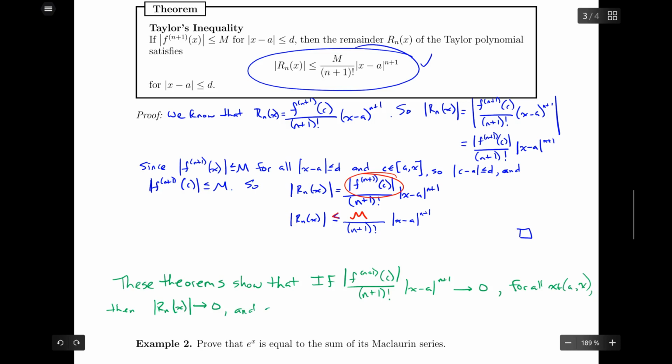And so f is the sum of its Taylor series.